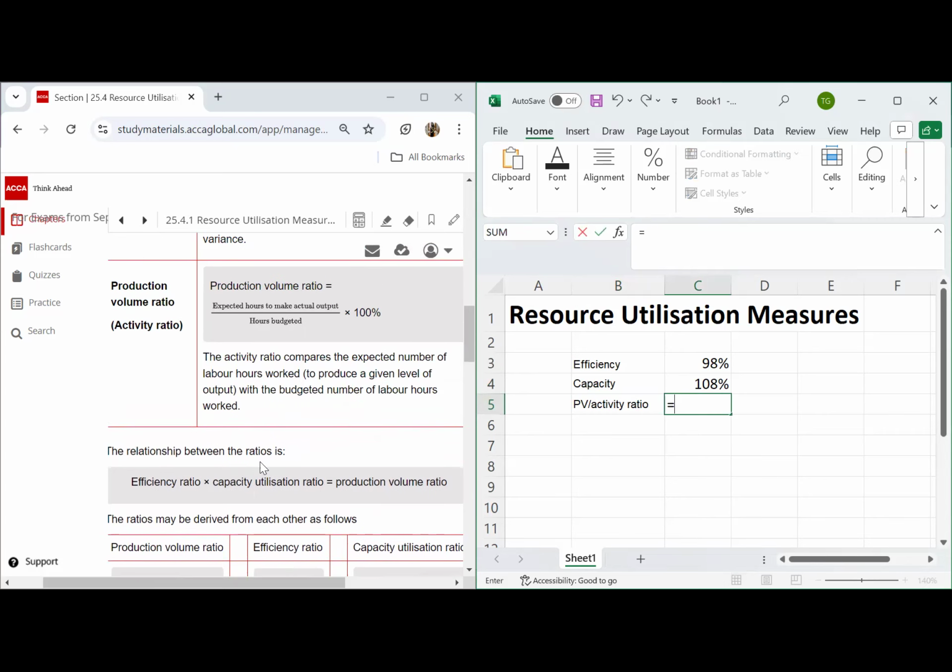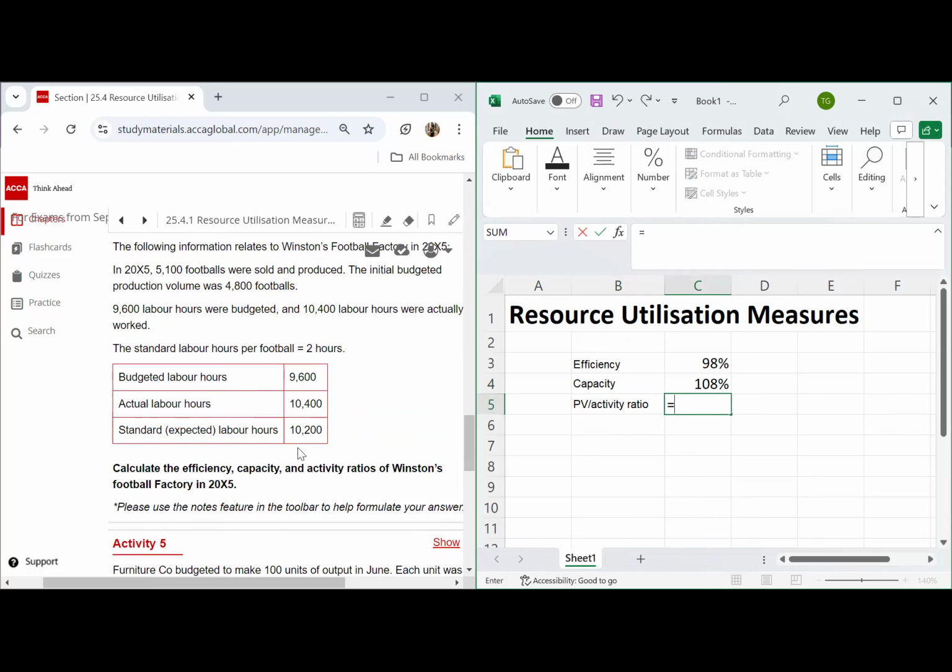So expected hours to make the actual output is 10,200 and this needs to be divided by the budgeted labor hours which was 9,600. So here you get to 106% roughly. So this is what you arrive at. Another way to do it is 108% multiplied by 98%. That's also going to give you the very same answer.